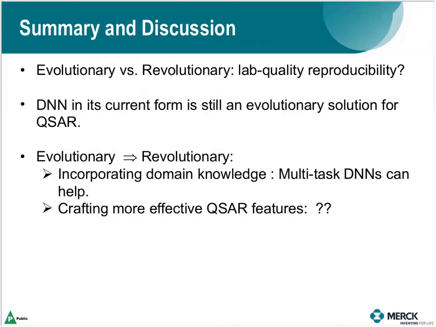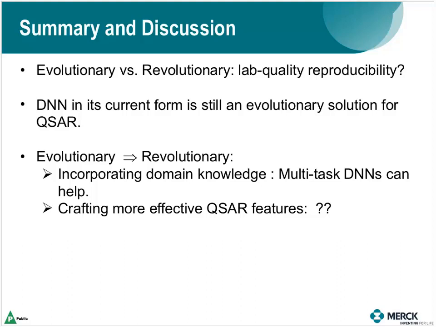One is incorporating domain knowledge. What we found a moment ago, the assistant data set, is one of the ways we think can help to incorporate domain knowledge. But another limitation we found is that better feature extraction for the QSAR problem is still something we're trying to explore.